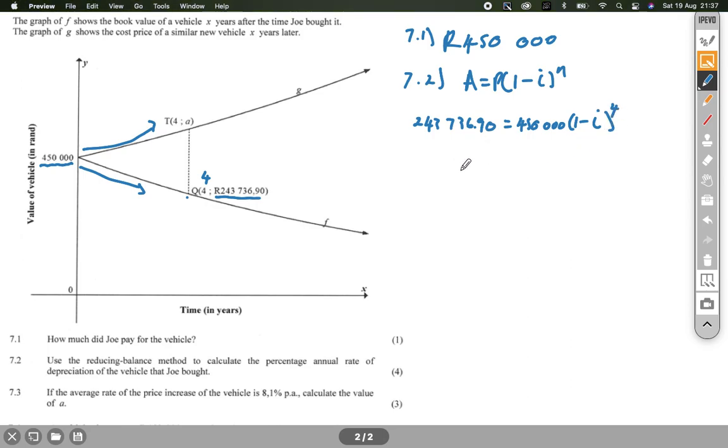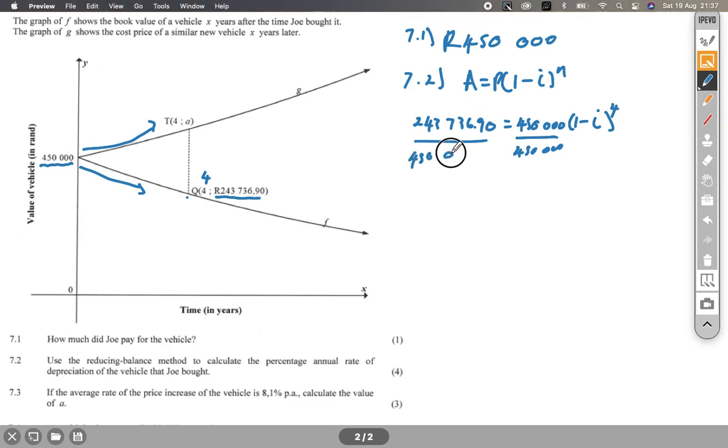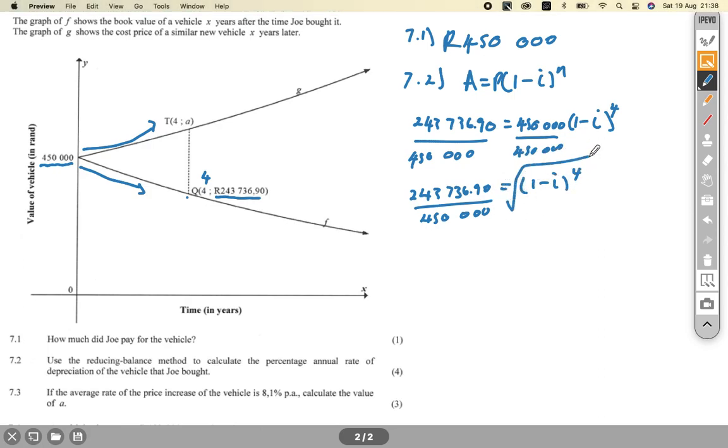Now you simply divide by 450,000 on both sides, and you are left with 1 minus i to the power 4 equals 243,736.90 over 450,000. Now you want to take the fourth root on both sides.